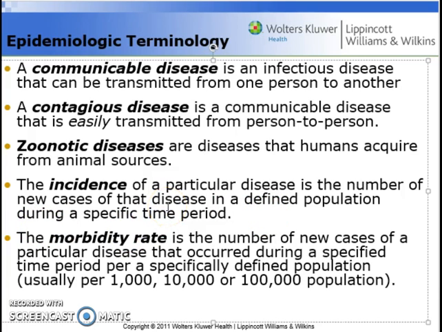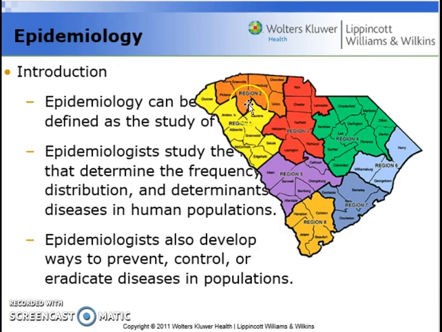Okay, so that's incidence. The morbidity rate is going to be the number of new cases of a particular disease that occurred during a specific time period for a specifically defined population. So for morbidity rate, very similar to incidence, you're going to define the population, so say region 2.